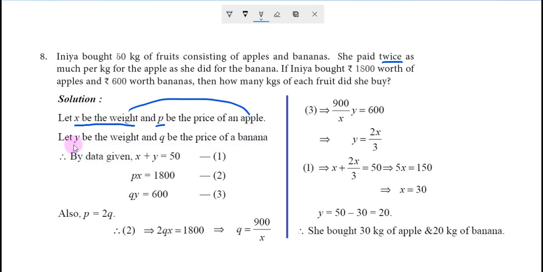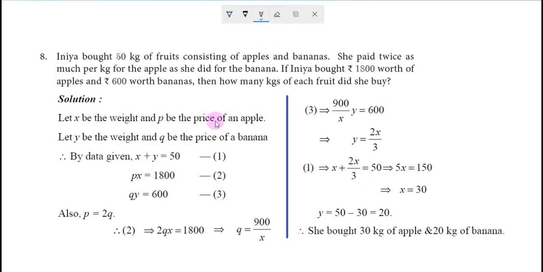Okay, next y be the weight of the banana and q be the price of the bananas. Understood? So totally she bought 50 kg, so we should add its weight. So x plus y equal to 50.